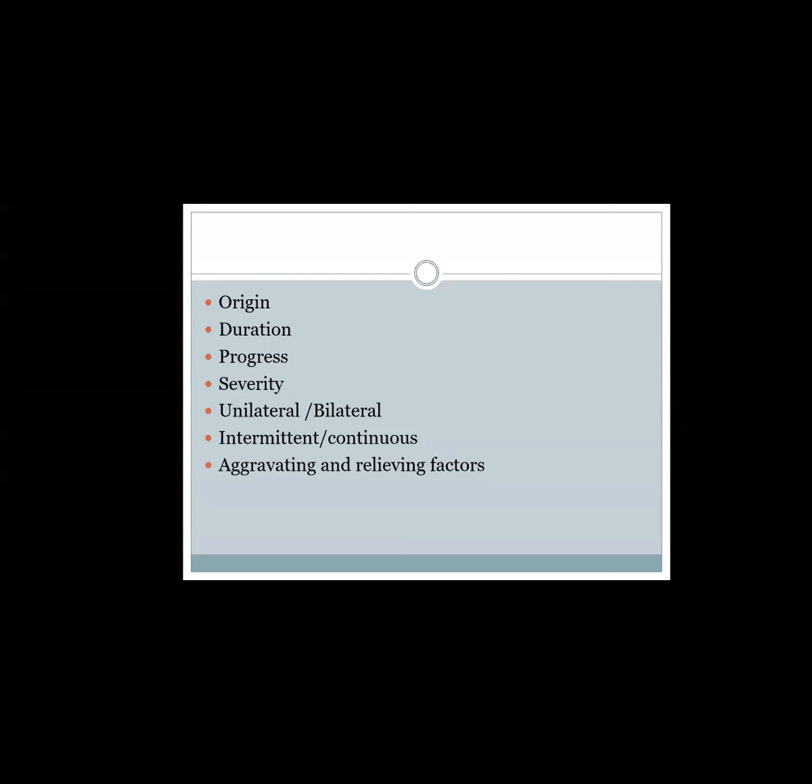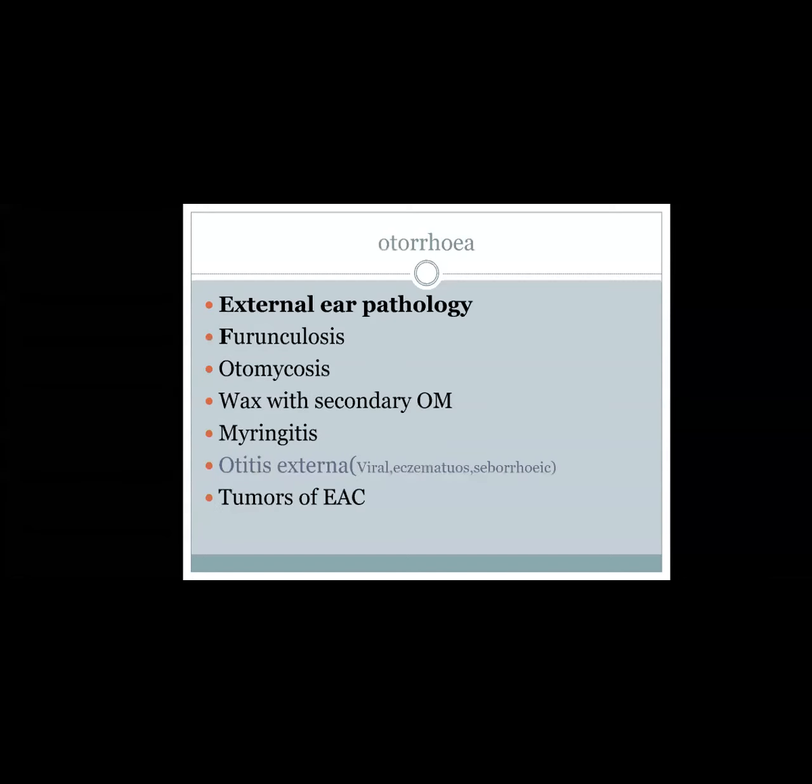For anything, not only otorrhea or pain, you have to ask whether it is unilateral or both ears, intermittent or continuous, and whether there are any aggravating factors. Sometimes, as in glossopharyngeal neuralgia, while eating the pain will get aggravated. So there are certain things you will have knowledge about when you encounter the patient.